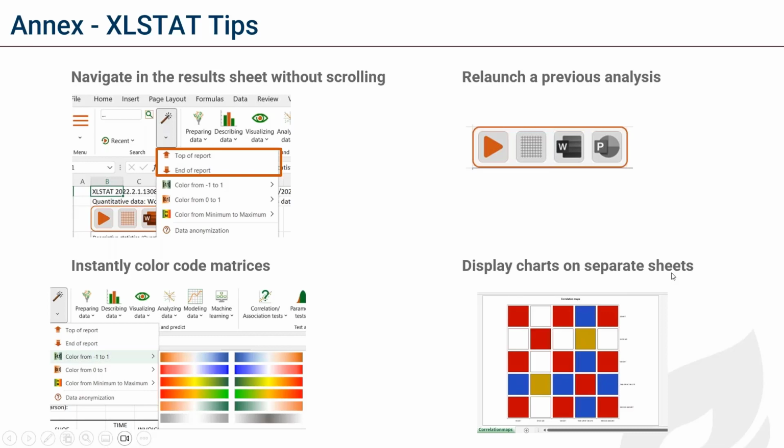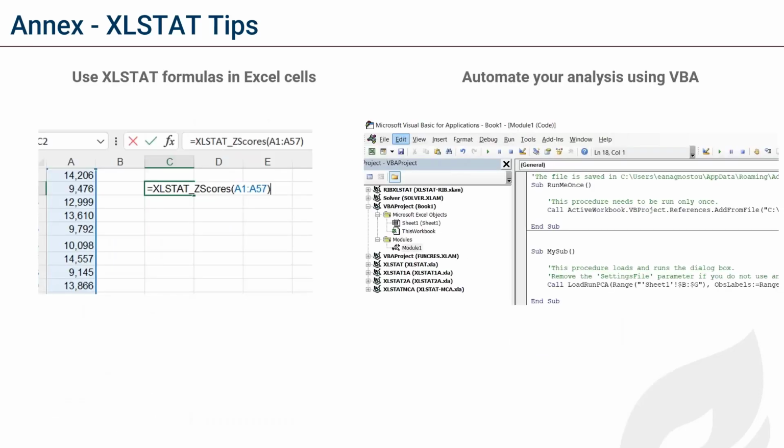This is a nice thing to do when you want to see them in a larger format. Then you can also use XLSTAT formulas in Excel cells, and you can also automate your analysis using VBA, which stands for Visual Basic for Applications.